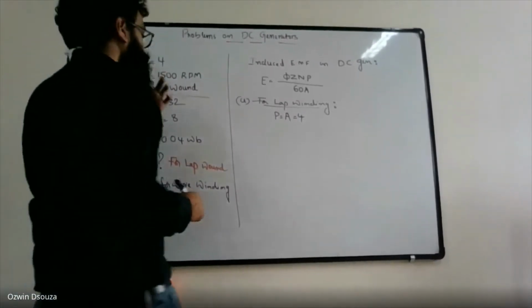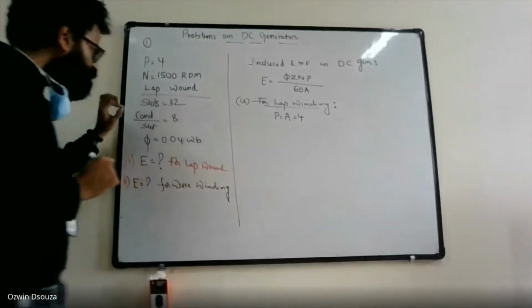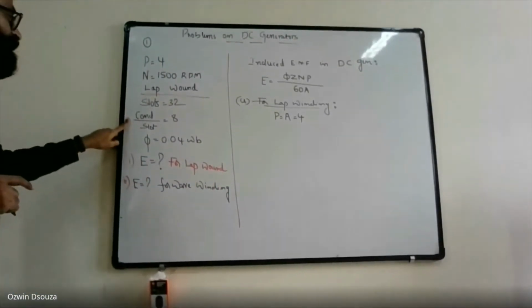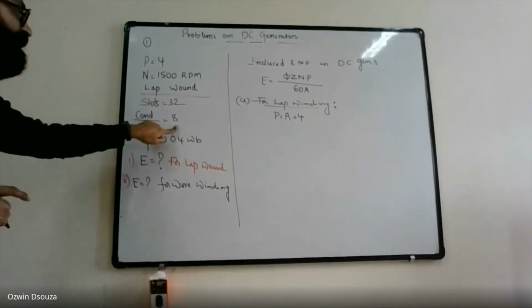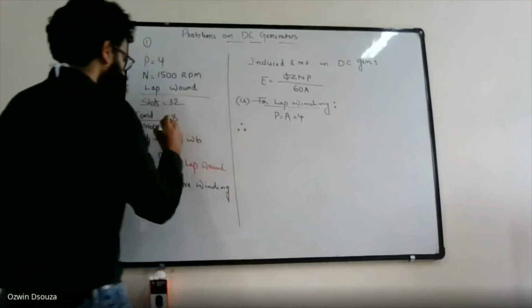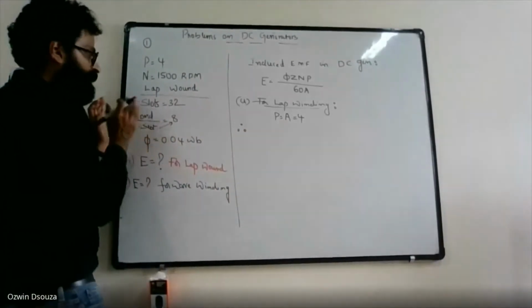All right. And then you don't know the conductors, right? Indirect detail has been given. That is, conductors per slot is 8, and number of slots is 32. So therefore, you can just cross multiply to find out conductors.